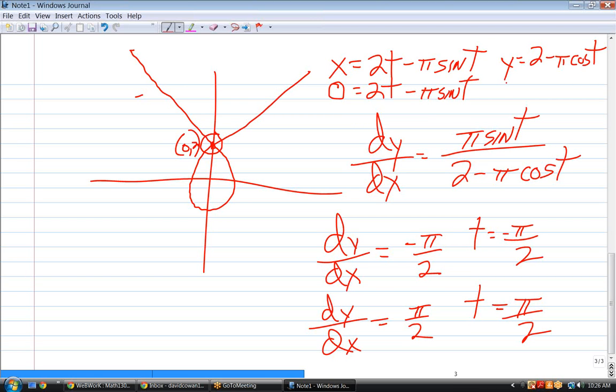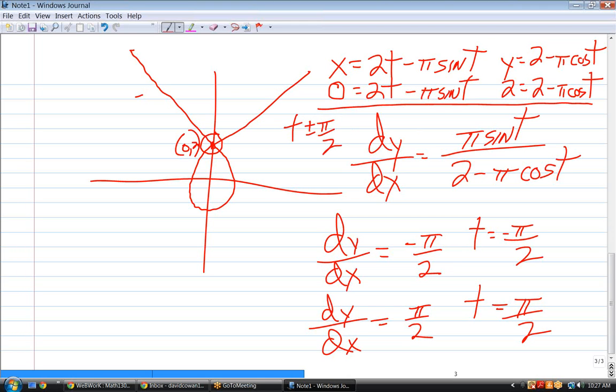In other words, if I plug in y is 2 into the original parametric equations and solve these right here for t, I get those are both true when t is plus or minus pi over 2.